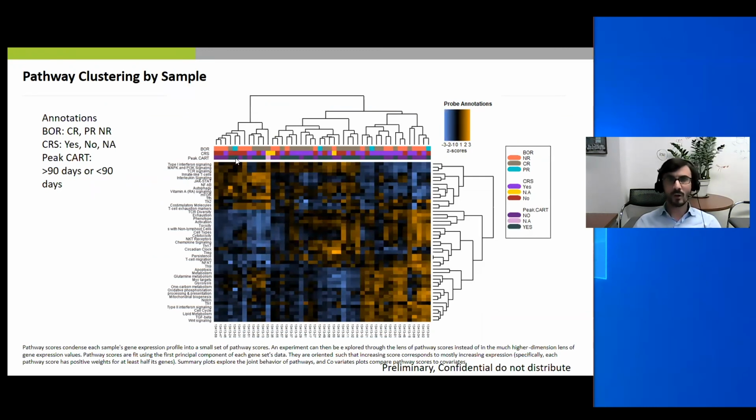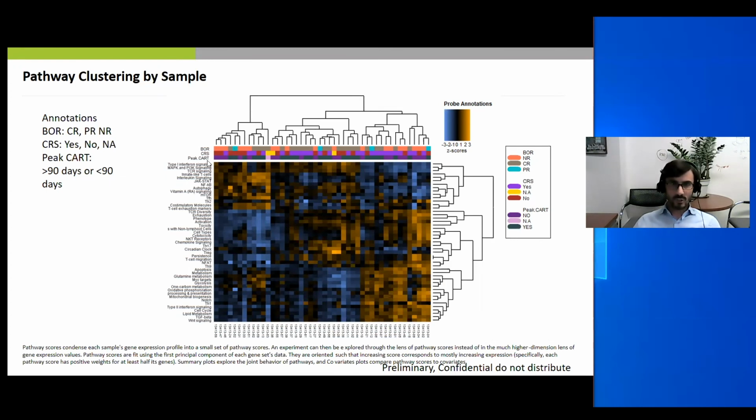At the top of this heat map, you can see clinical annotation, including the response, where this color means non-response, this brownish gray is complete response, and this light blue is partial remission.